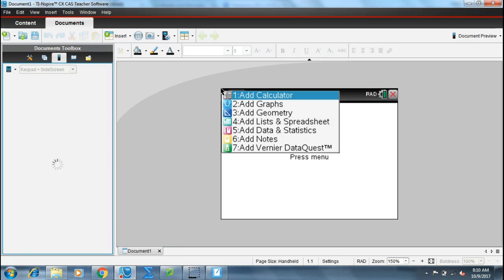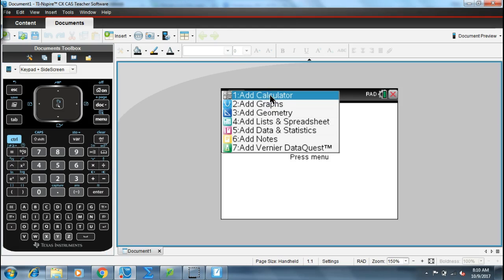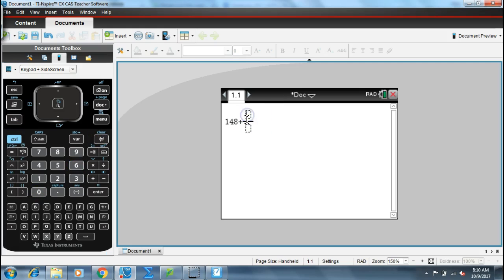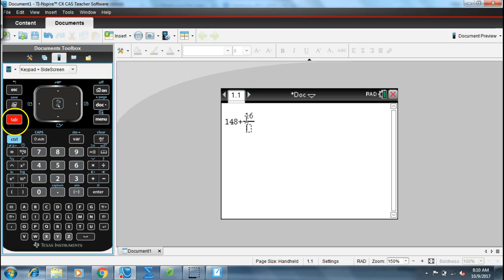On the Inspires, you can just go 148 plus, and then you can make yourself a fraction, 16 over 60, plus, make another fraction, 25 over 3,600. And then that gets me right to there. Okay? So you can do that with the fractions.